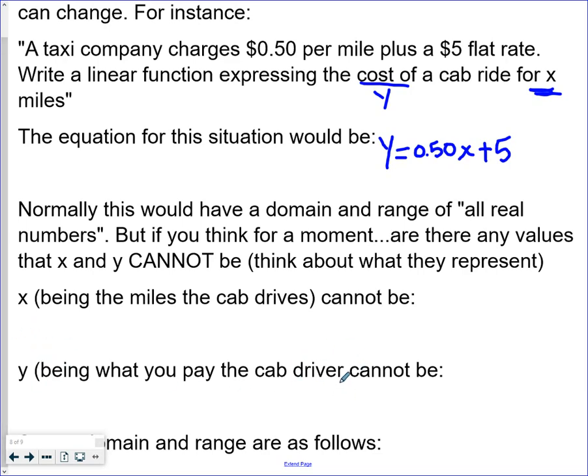So you actually can't put everything you want in for x, because what number can't you use for x? Well, if x is the number of miles it drives, x cannot be any negative number. You cannot put in a negative number for x because you cannot drive negative miles. You cannot tell a cab driver, I want to go -1 miles.